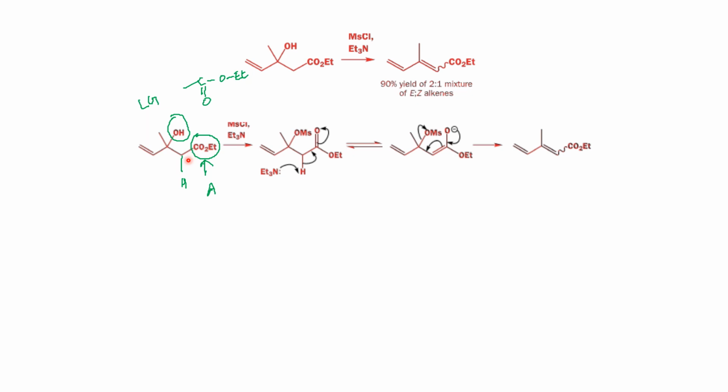You cannot have any other position because the mechanism is like that. You can remove only this proton to get this particular mechanism. Therefore, you need not have any confusion regarding the position of the double bond in E1cB, because that will be fixed in one position and cannot be altered. Okay, so that's all about E1cB.